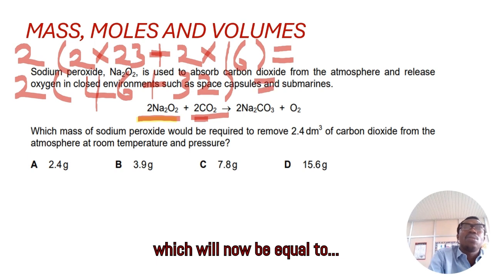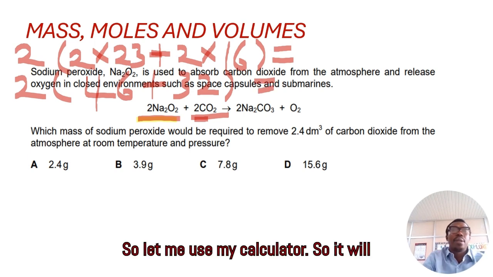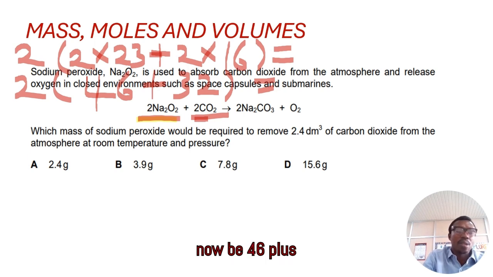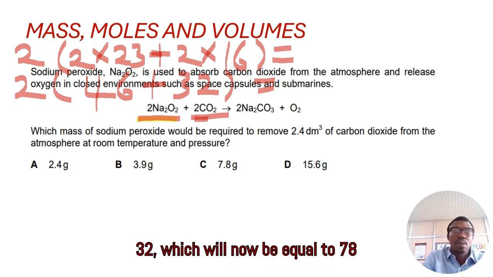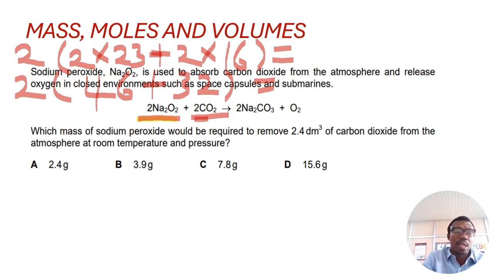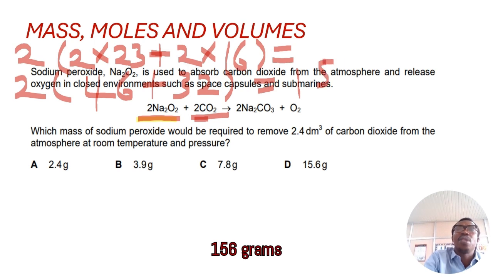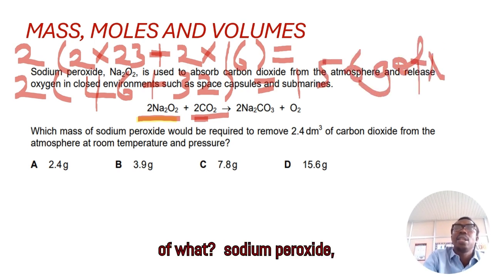Using my calculator, 46 plus 32 is 78, times 2 is 156. So it is 156 grams of sodium peroxide.